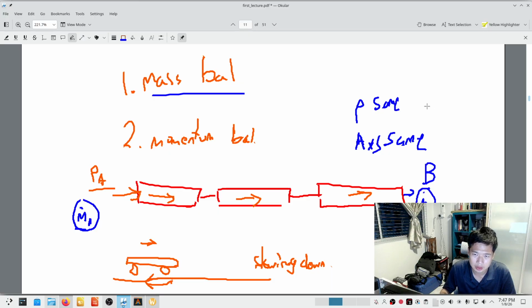The mass flow rate must be the same, and under special conditions the velocity is the same as well.